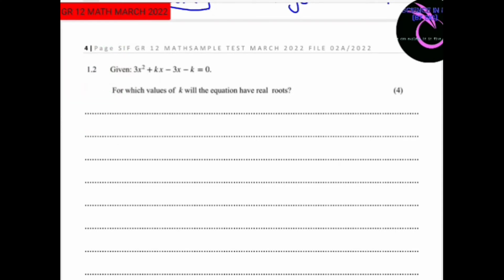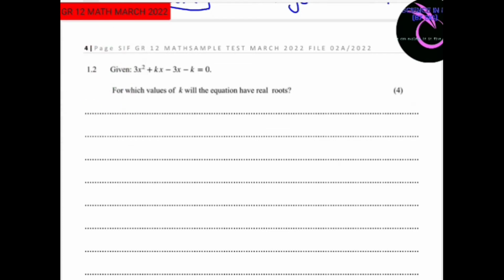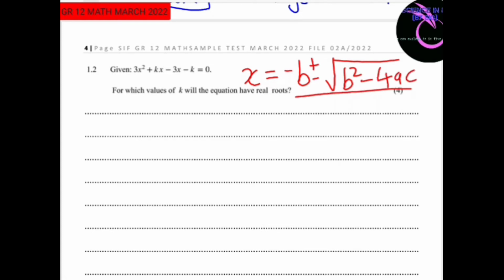Moving on to question 1.2. For which values of k will the equation have real roots? When you talk about the nature of the roots, there's something that you need to quickly gravitate towards. Remember, in the quadratic formula, x is minus b plus or minus the square root of b squared minus 4ac, all over 2a.